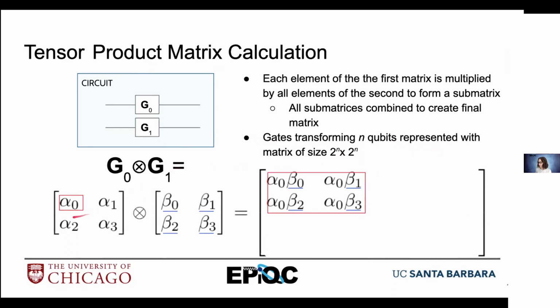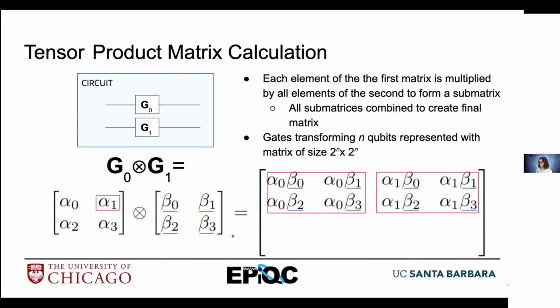So here we can see that we have alpha, tensor, beta, G0 tensor G1. We're going to take this first element and multiply it by all the elements of this second matrix to create this first submatrix. So alpha 0 times beta 0, alpha 0 times beta 1, alpha 0 times beta 2, alpha 0 times beta 3.